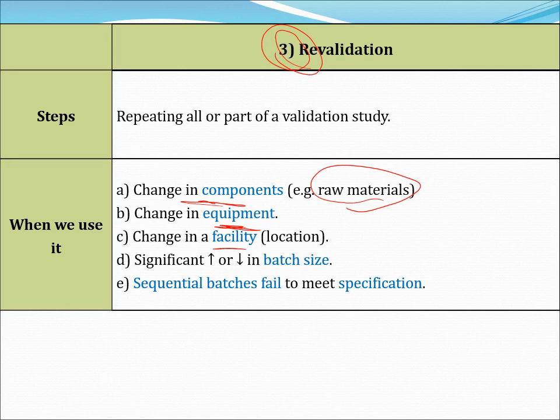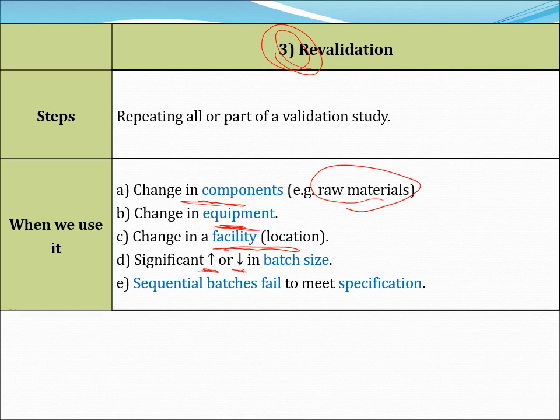Change in the facility or location: instead of producing in this building, you transferred the manufacturing line to another building, for example. Significant increase or decrease in the batch size: instead of producing 1,000 tablets at once in a single batch, you are producing 3,000 or 4,000 tablets.